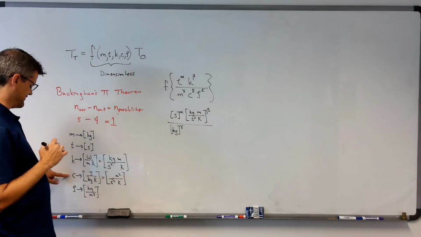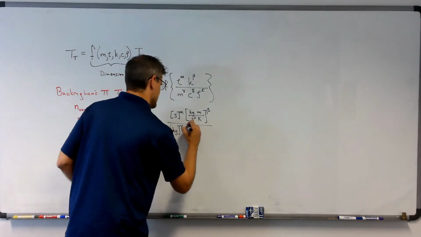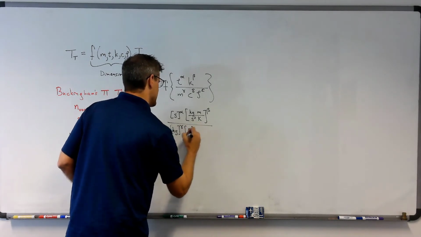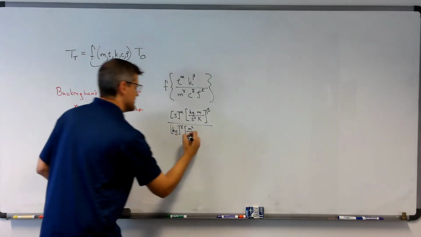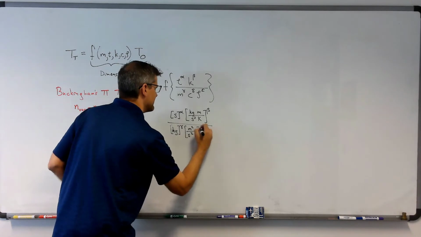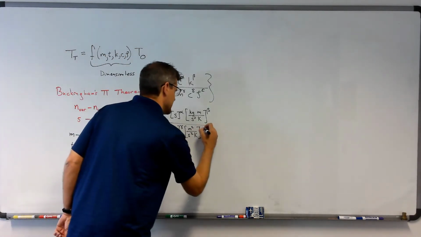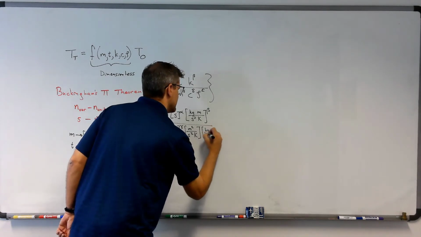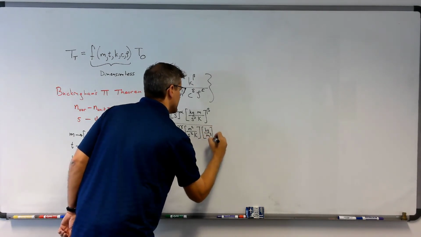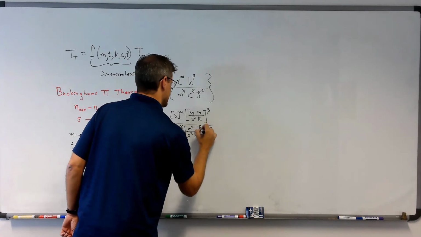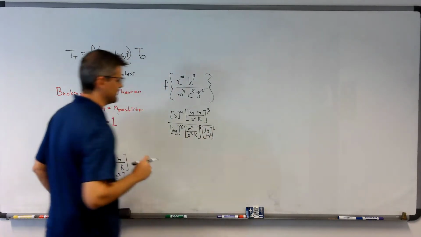We're going to have specific heat in meters squared per second squared Kelvin. And we're going to have density in kilogram per meter cubed. And this is a delta power, and this is an epsilon power.